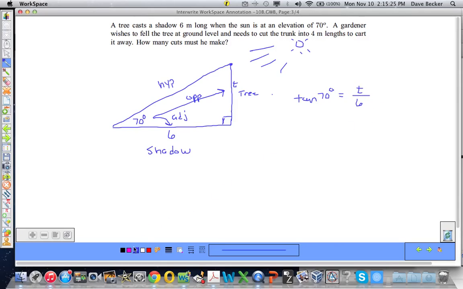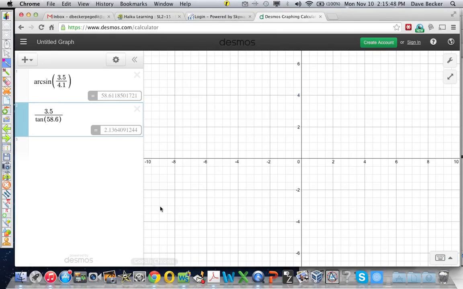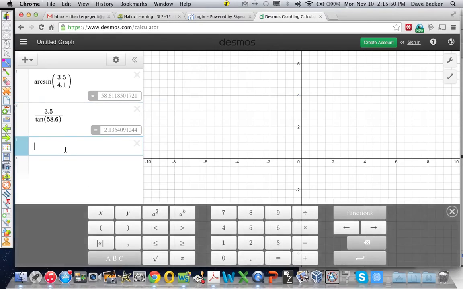So to solve that, I'll do that in pink. I'm going to multiply both sides by 6 because the 6's cancel since 6 over 6 is equal to 1. This is a sideways 1, by the way. So 6 multiplied by the tangent of 70 degrees is equal to t. So let's go to our calculator, and we'll go 6 function.